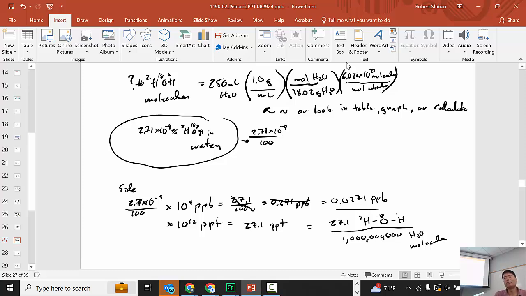Okay, then if I know the total number of molecules, then I know I have 27 out of a trillion will be H2. And so I'll say 27.1 H2O18 H2 molecules out of a trillion H2O molecules.